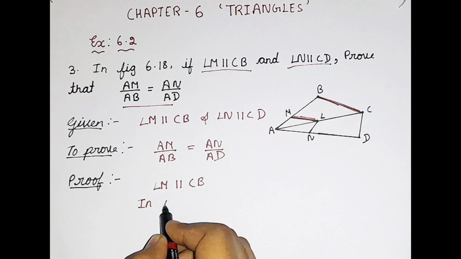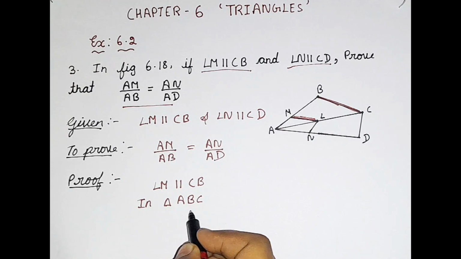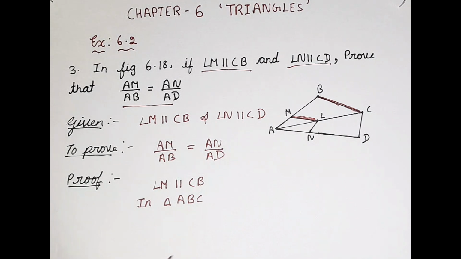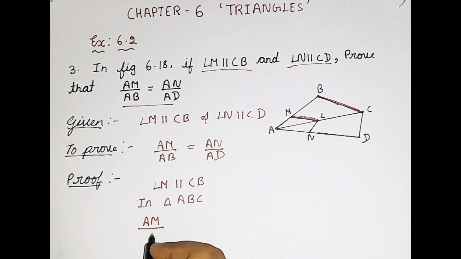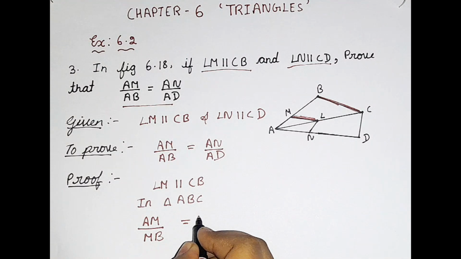So we can just write, in triangle ABC, AM by MB is equal to AL by LC.